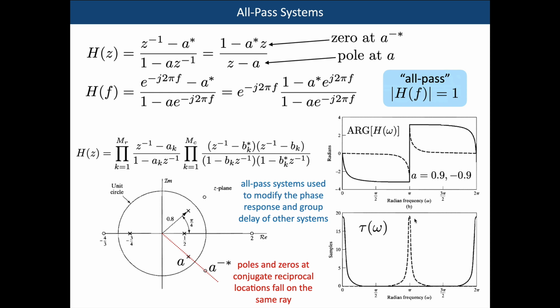For the pole at -0.9, the delay is at high frequencies. So again, if the pole location is at 0.9, the zero would be located at the reciprocal location, which is 1 over 0.9, which is about 1.111.